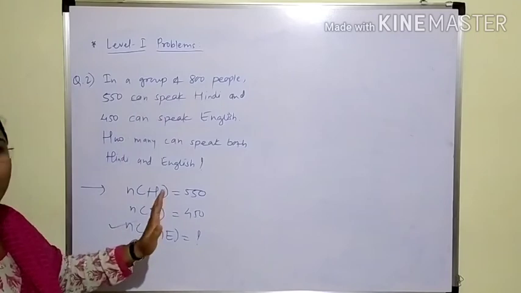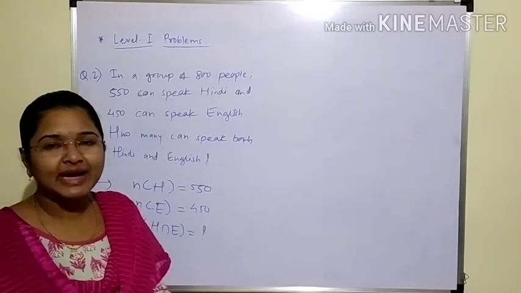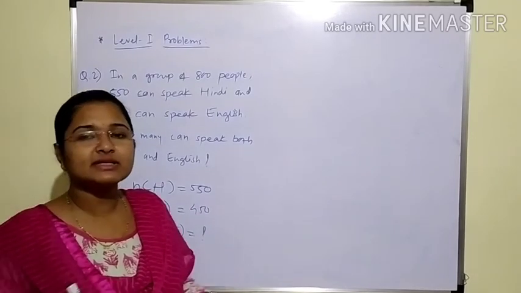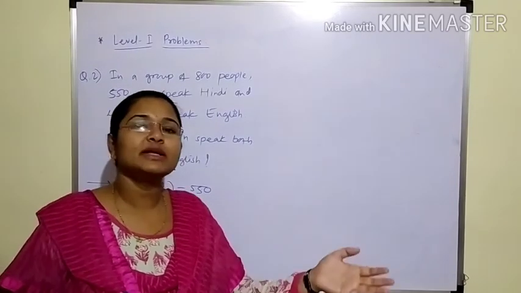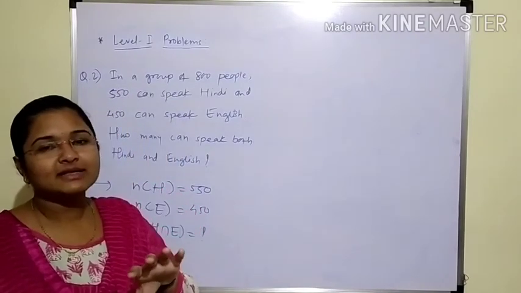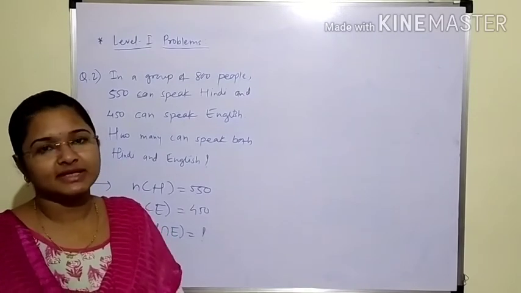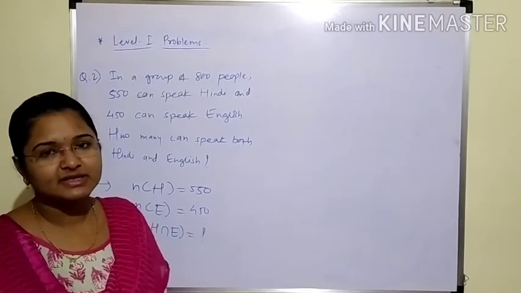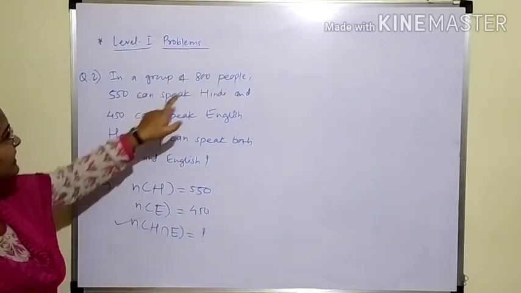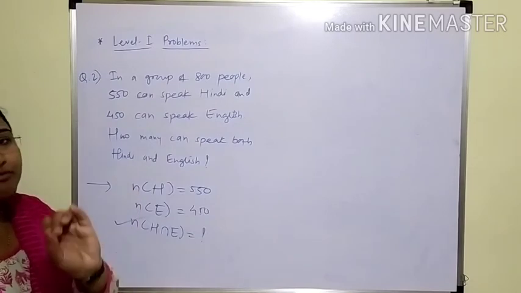It is the number of elements in the union of the two sets, and only then can we find this value. So don't consider this value as the number of elements in the universal set. In many problems such values are to be considered as the universal set, but you have to read properly whether the value is the number of elements in the union of two sets or in the universal set. Here we will consider this value as the number of elements in the union of two sets.